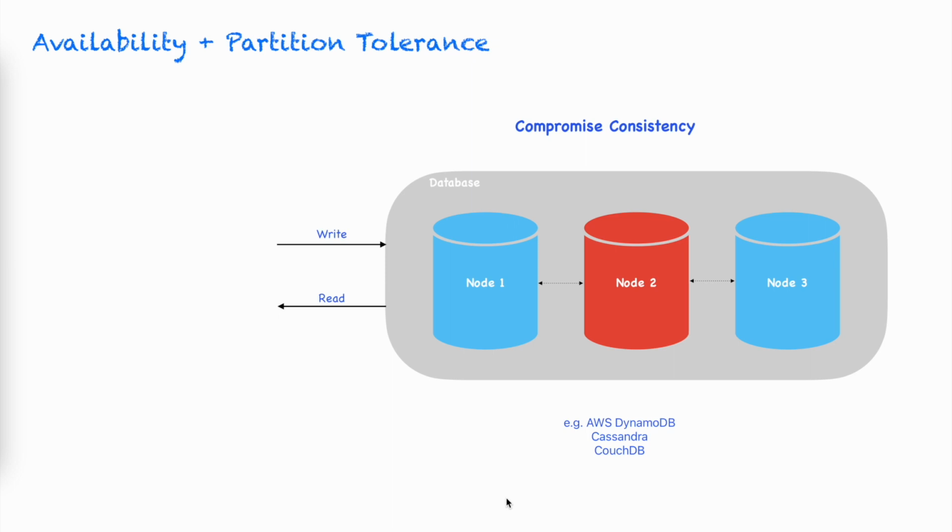These types of databases are mainly used in systems which require very high availability, like e-commerce systems or ticket booking systems. Examples are DynamoDB offered by AWS, Cassandra, and CouchDB. These are the major databases which use this kind of pattern.